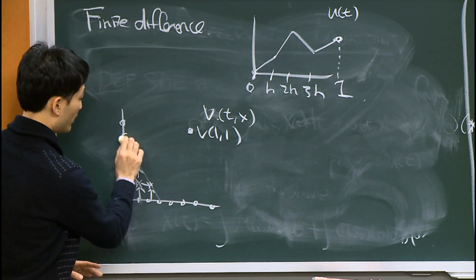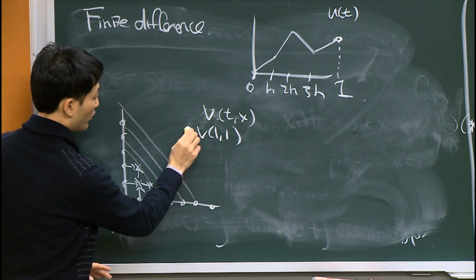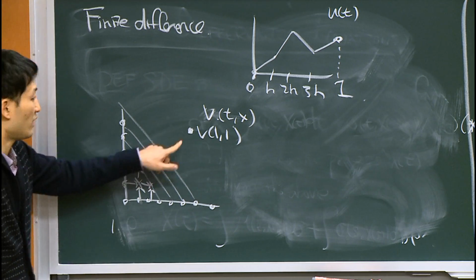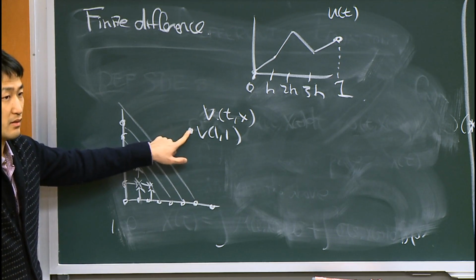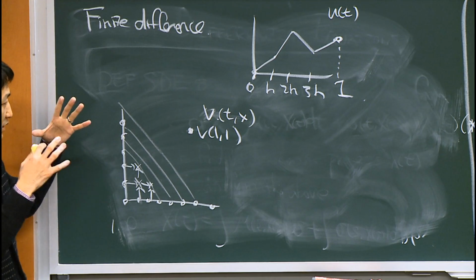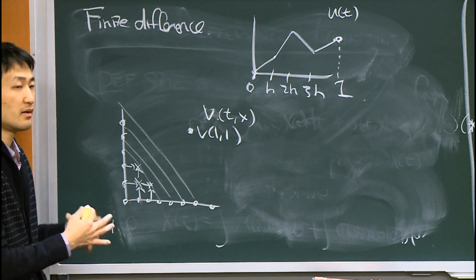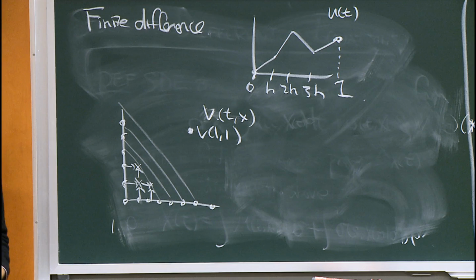Just fill out layer by layer. At some point, you're going to reach this, and then you'll have an approximate value of that. Okay? So you chop up your domain into fine pieces, and then take the limit. In most cases, it will work. Okay.